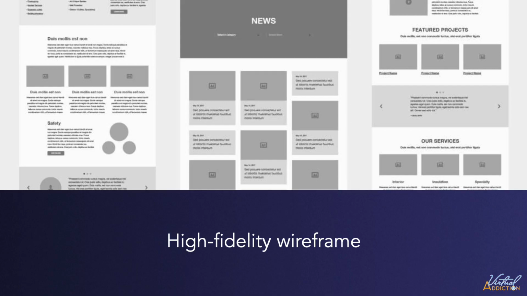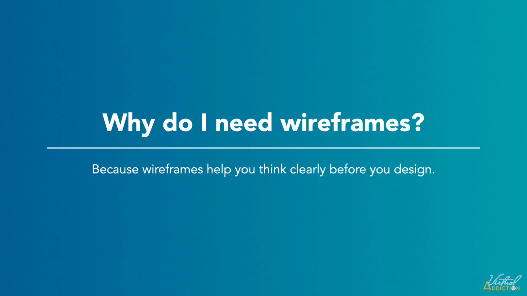These high fidelity wireframes include much more detail. You may include real images, excerpts, links, and real text. These are especially useful for complex interactions, but they do take more time to create. If you're working on a simple project, this level of detail is often unnecessary, but for larger projects, it can really be beneficial.